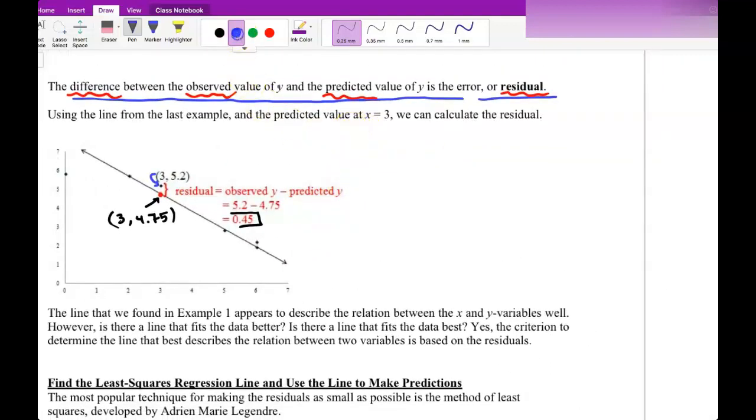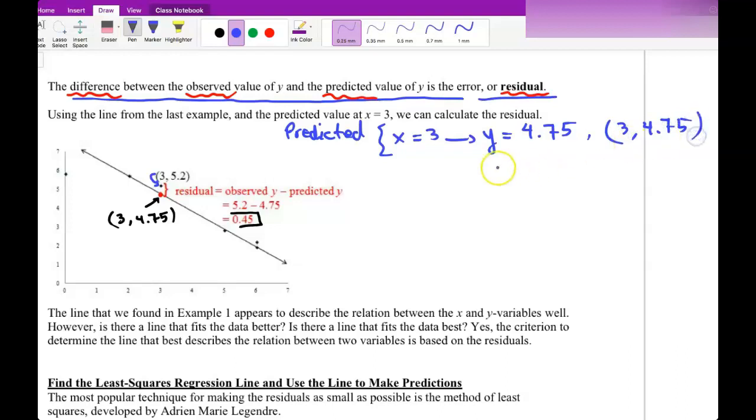So for predicted, when x was 3, we got this number for y. So we had this point or the pair. And from the table, observed is for x equals 3, we have y equal to 5.2.